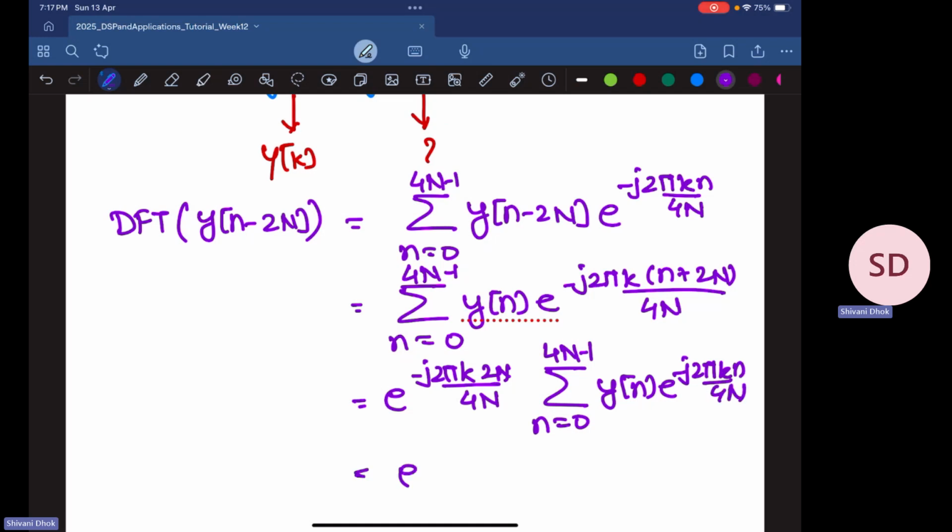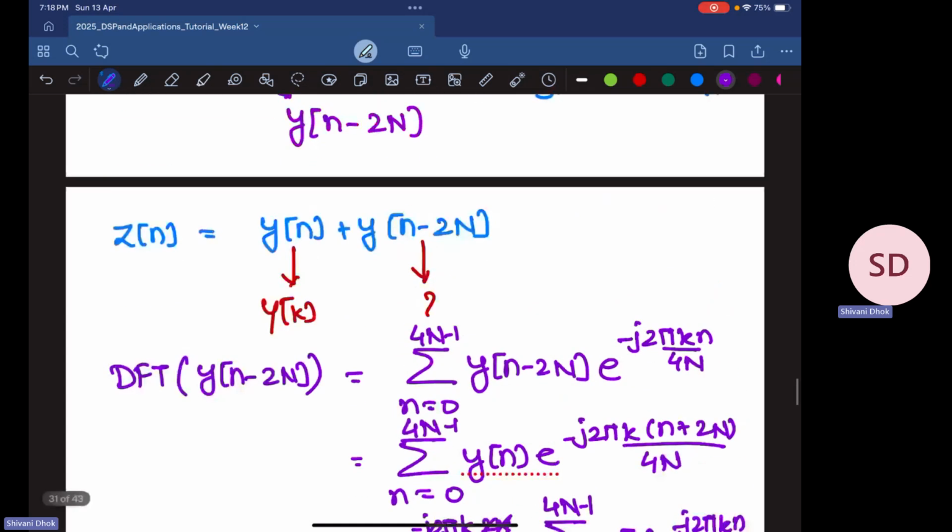This is equal to e power minus j, this gets cancelled, I have minus j pi k, into y of k. So now I can substitute it back here.